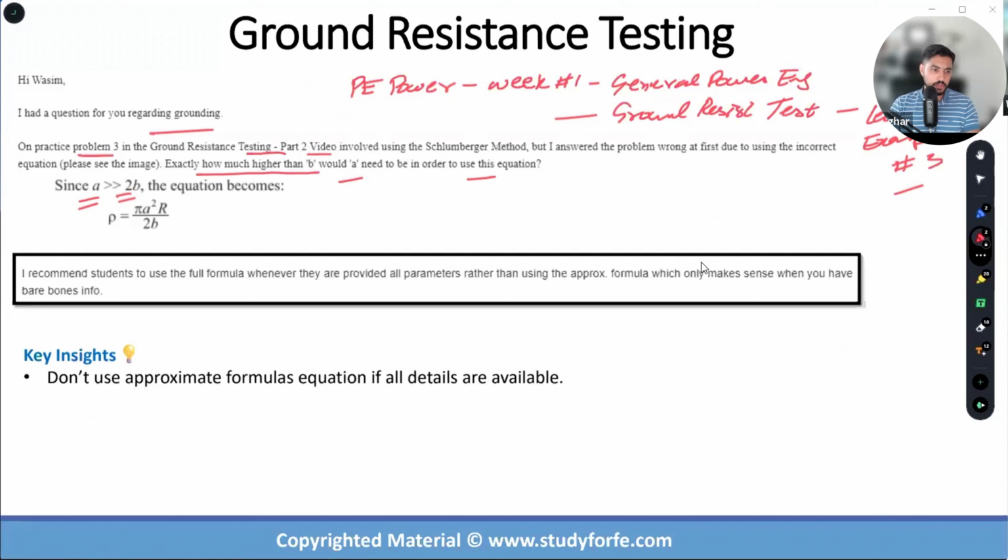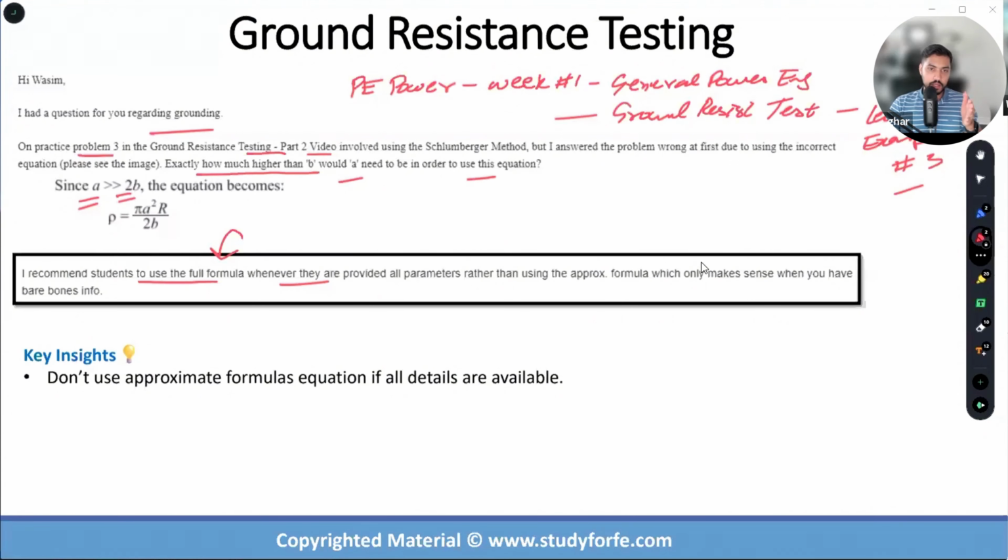And here's my response. I recommend students use the full formula whenever they are provided all the parameters. In the way that I solved that problem, I actually had A at a higher value than 2B. I don't know what it was, like 2 times higher, 5 times larger, or 10 times larger.